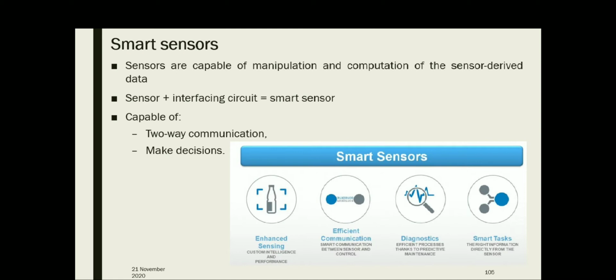So a sensor is capable of manipulation and computation of the sensor-derived data. The sensor plus interfacing circuit is a combination of a smart sensor, which is capable of two-way communication, and it can make decisions also.